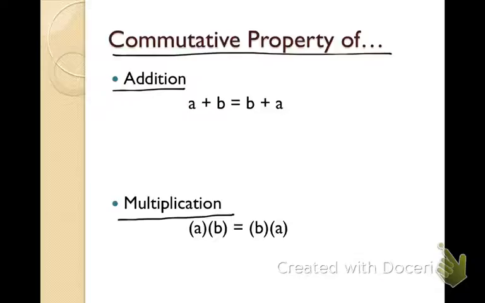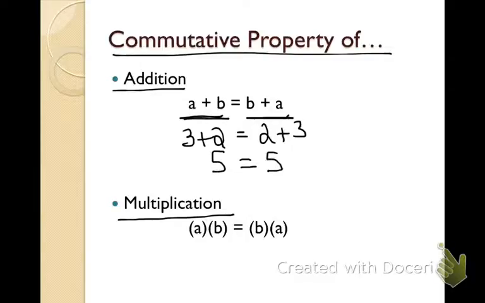So the commutative property of addition says it doesn't matter if I add A plus B or B plus A, I'm going to get the same answer. For example, if I have 3 plus 2, that is the same as 2 plus 3. They both equal 5.